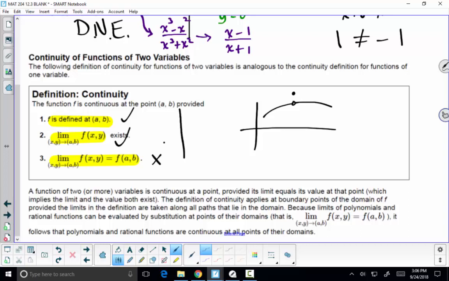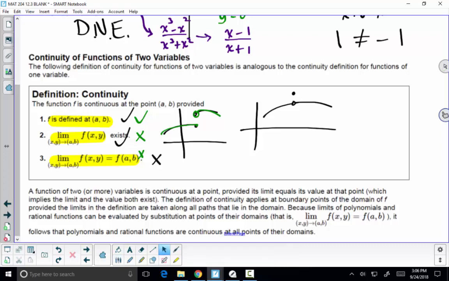And the other example that we see is if we have some sort of gap like that. Maybe I should have done that in a different color. So with this one in green, here the limit doesn't exist. The value of the function is there, and so both of those conditions are false. That one. Okay.